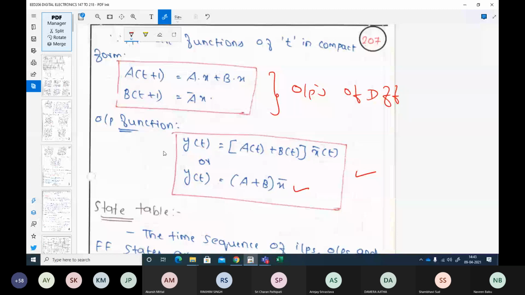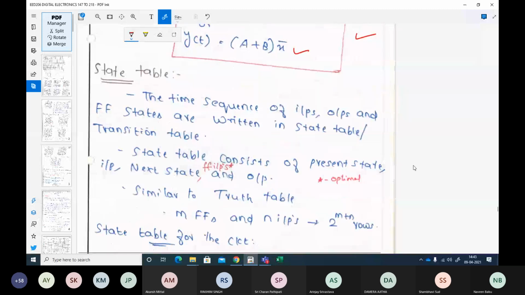Now I'm going to create a state table. Now what is this particular state table? The state table will give you the time sequence of your inputs, outputs, and the different states written in a state table. And this is also called a transition table. Please remember these small names, that this equation is also called a state equation or a transition equation.